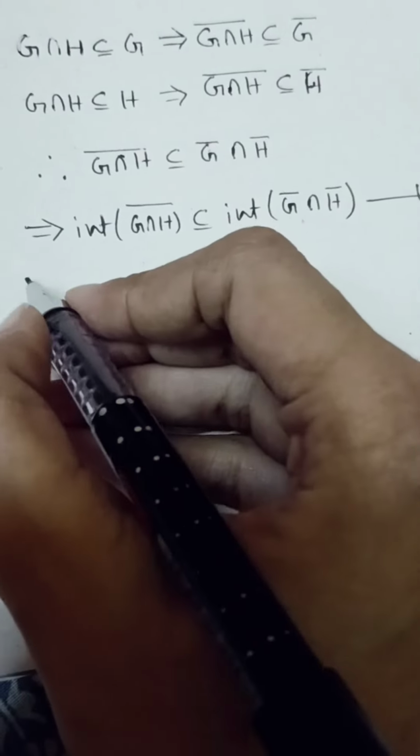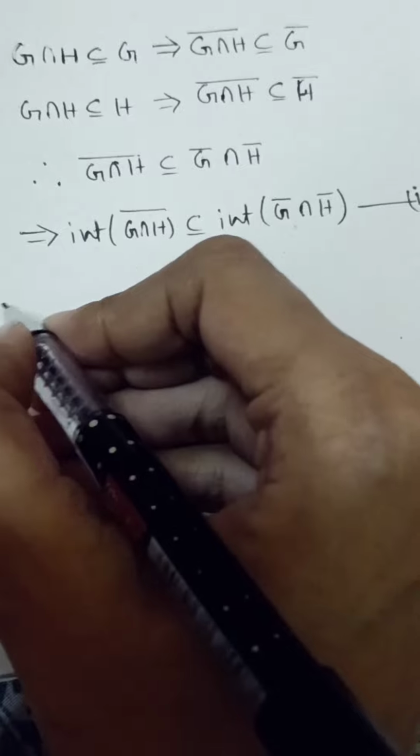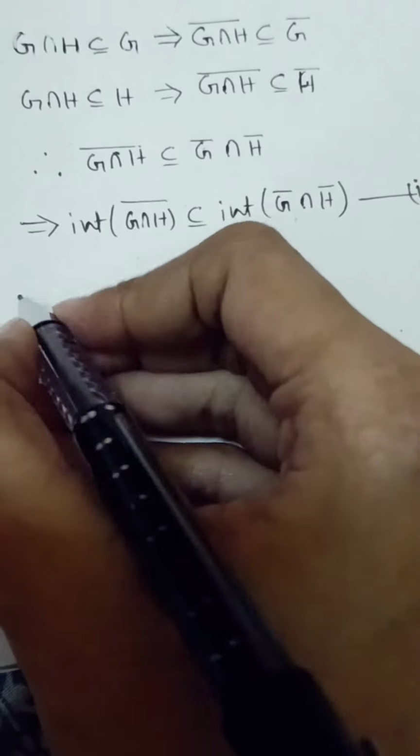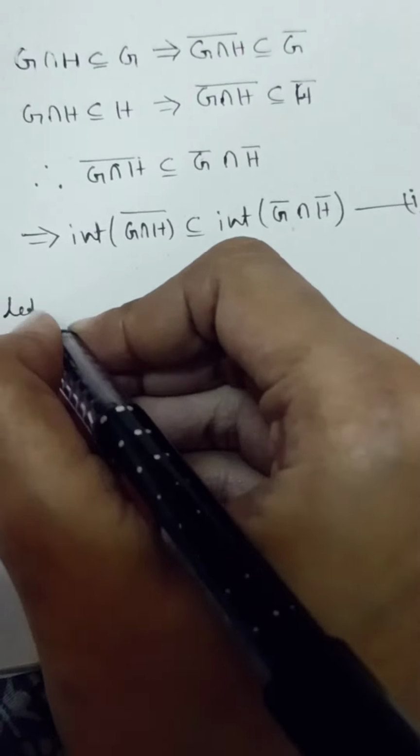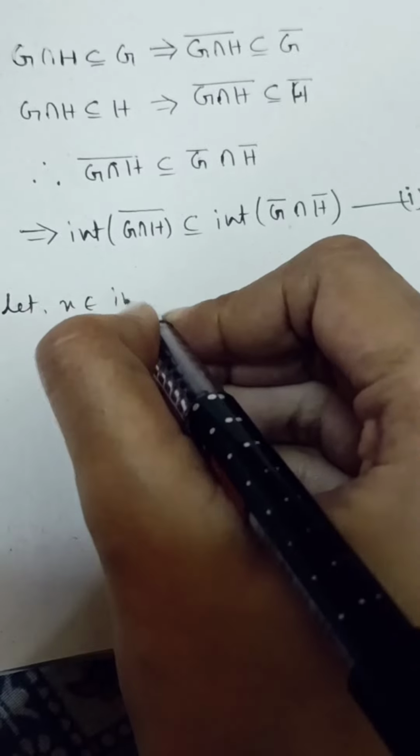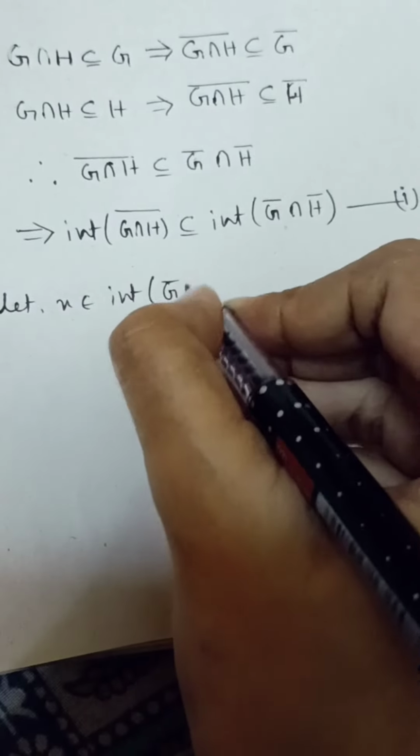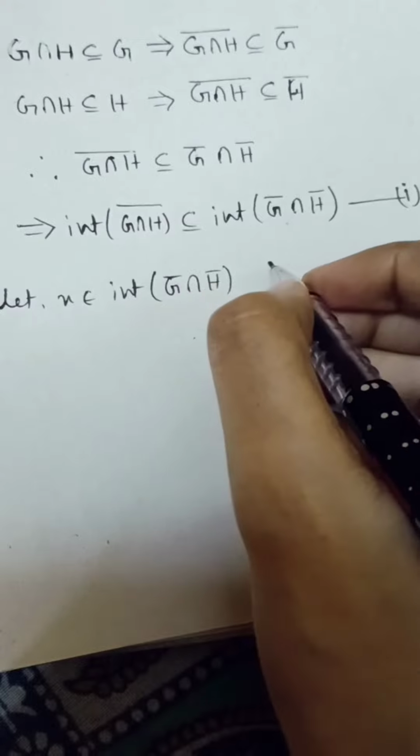And now conversely, to prove the other side, we take x belongs to the interior of G bar intersection H bar.